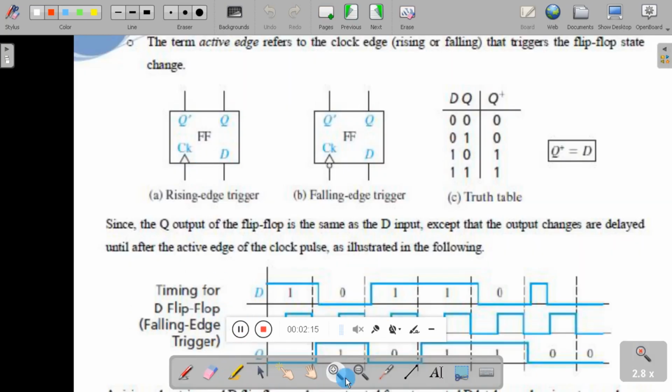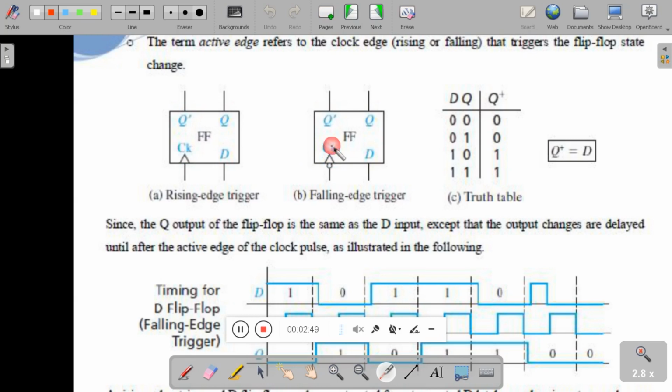The diagram shows the rising edge trigger and falling edge trigger D flip-flop. Here you can see we have two inputs, one is D and the other one is a clock, and this clock signal is called a rising edge trigger or positive edge trigger. That means the output of the flip-flop will change during the positive edge of the clock.